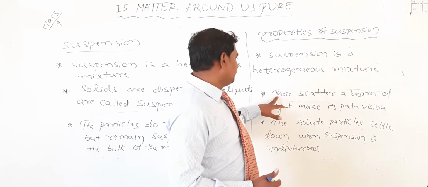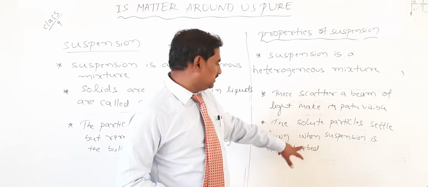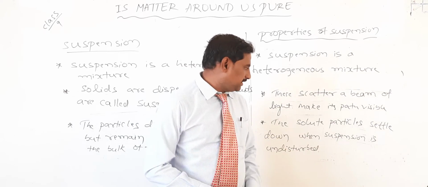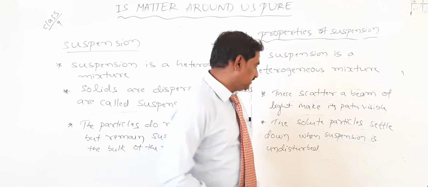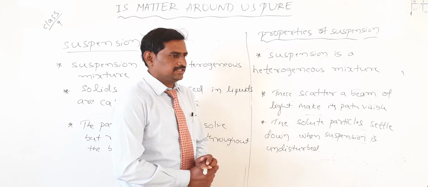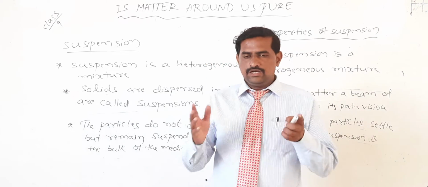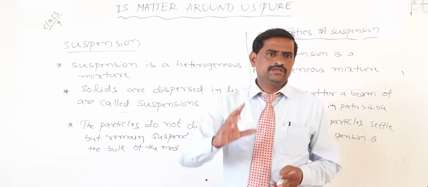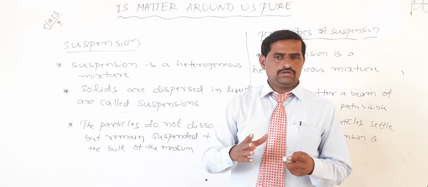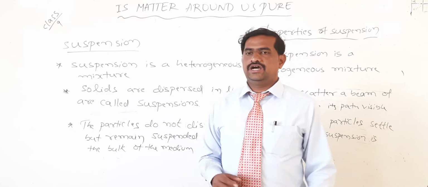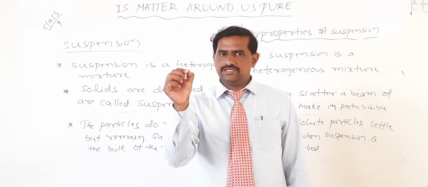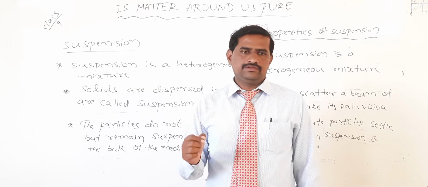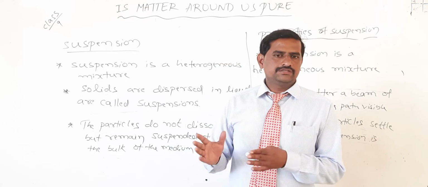The next property: the solute particles settle down when the suspension is undisturbed. When the suspension is undisturbed, the solid particles settle at the bottom and collect at a particular place.